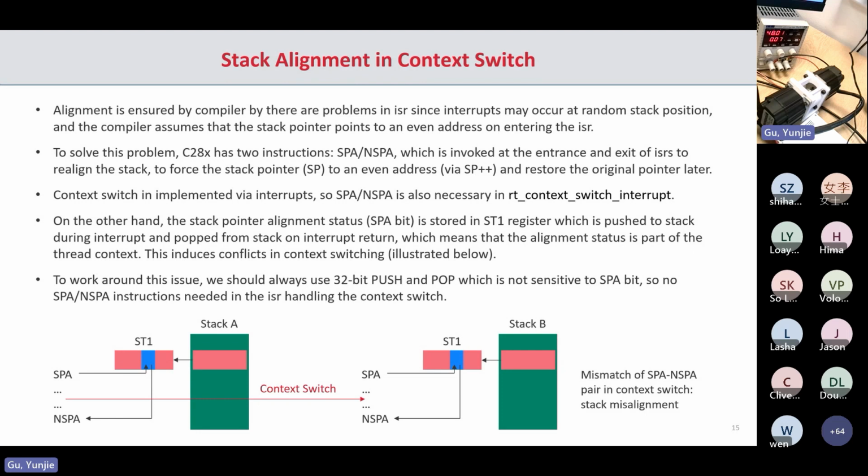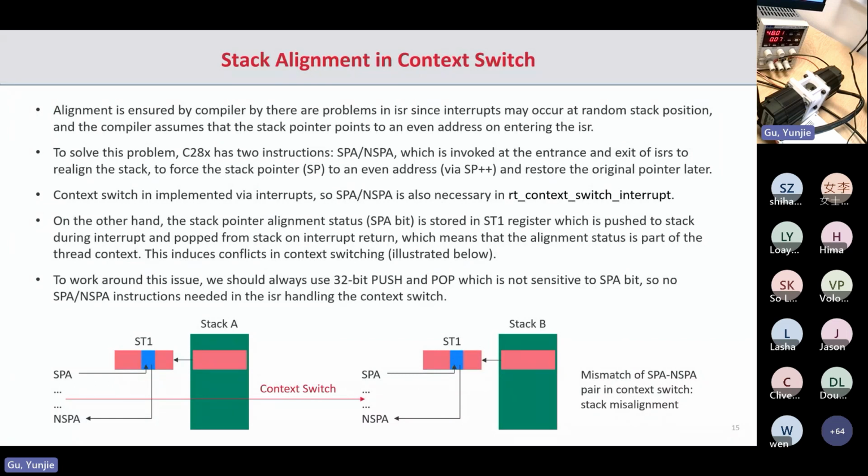When you do the NSPA, it has to use this register to decide how to restore the stack pointer, but this register is not the same one as in the previous context. That means there is a mismatch between SPA and NSPA in the context switch handling ISRs, which is really problematic.